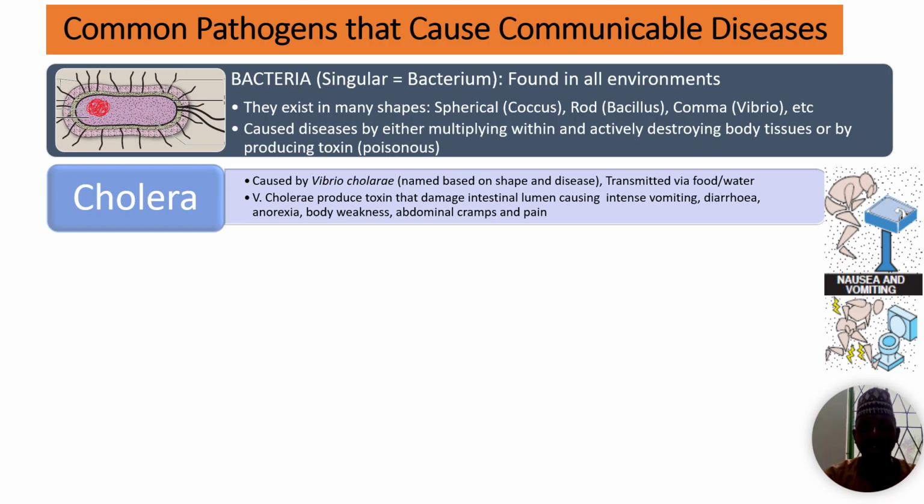It is generally caused by a comma-shaped bacteria which is called Vibrio cholerae. As we mentioned in the bacterial shapes, the comma-shaped bacteria are called Vibrio. So Vibrio cholerae is a bacteria that is named based on its shape and the disease it causes.